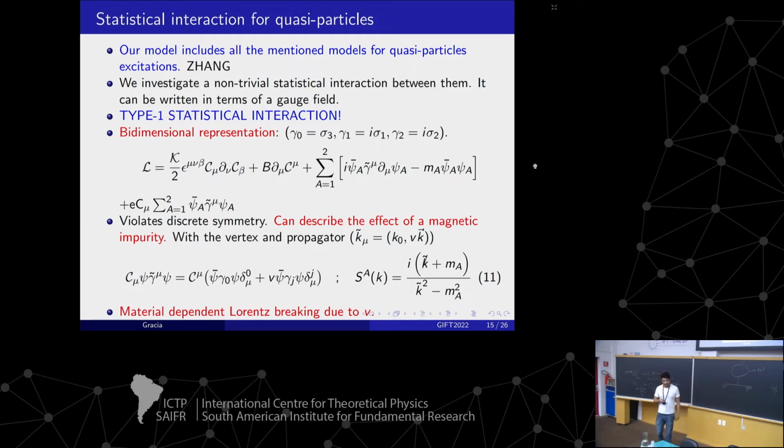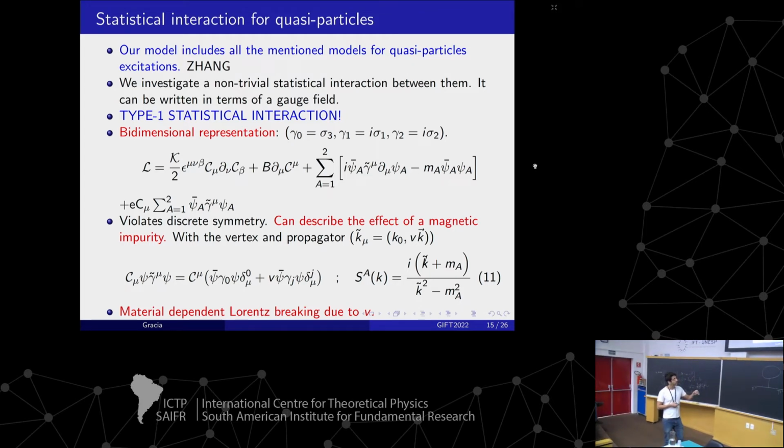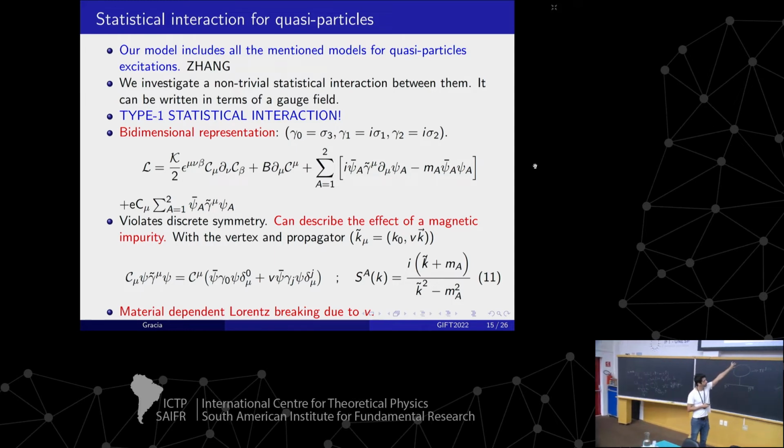Then I can write a local interaction theory for the first kind of statistical interaction in terms of an auxiliary B field. We have the definitions. Here we have a structure associated to Lorentz breaking and the associated propagator for the quasi-particles.